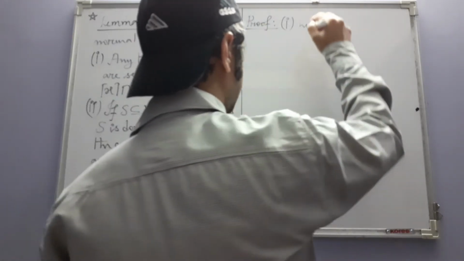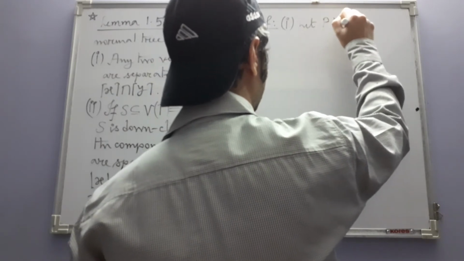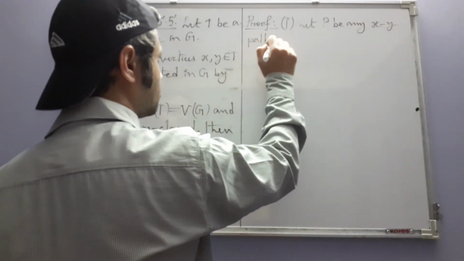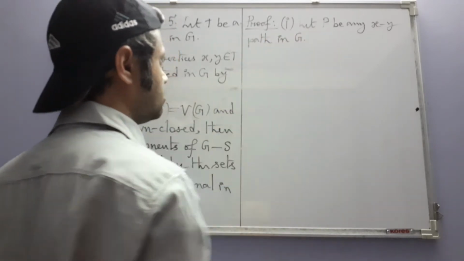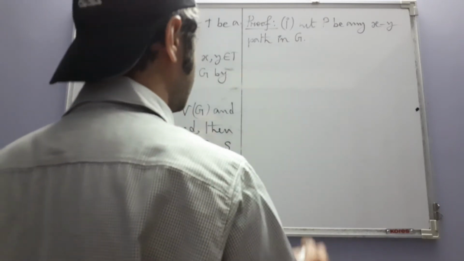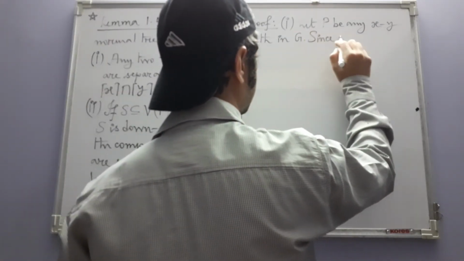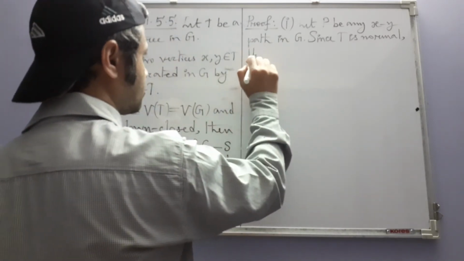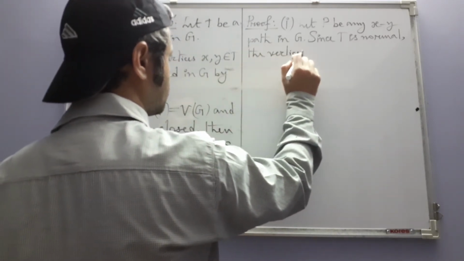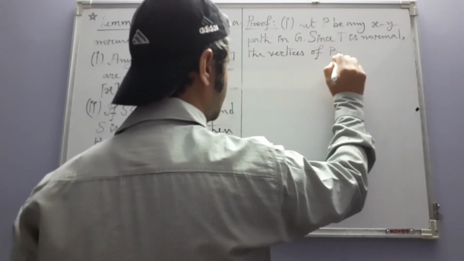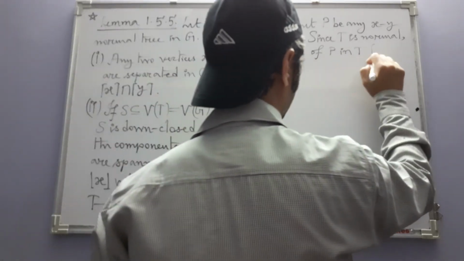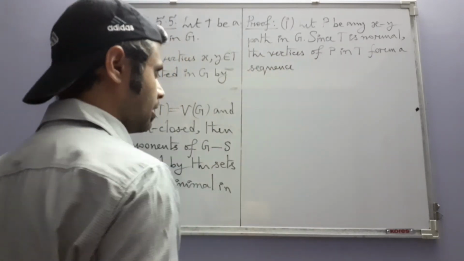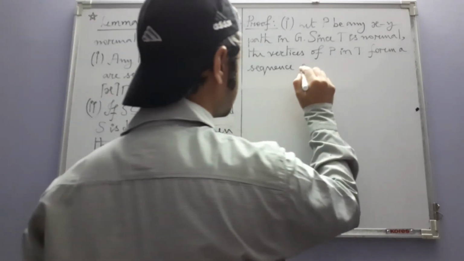So let us start by taking any such path. Let P be any xy path in G. Since T is normal, the vertices of P in T form a sequence like this, which starts with x.